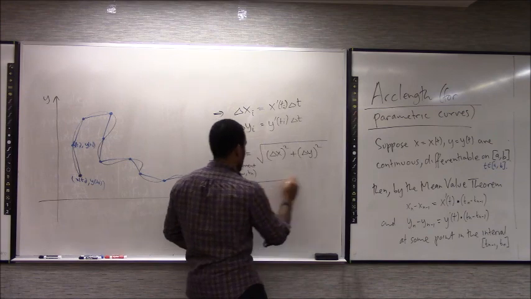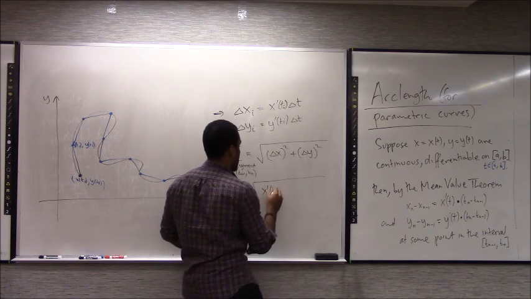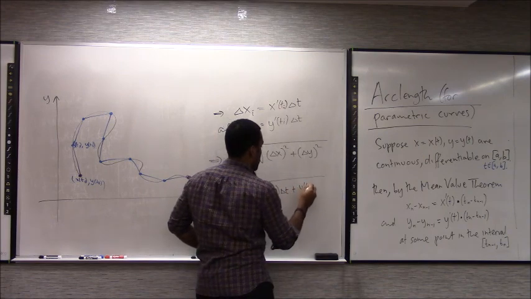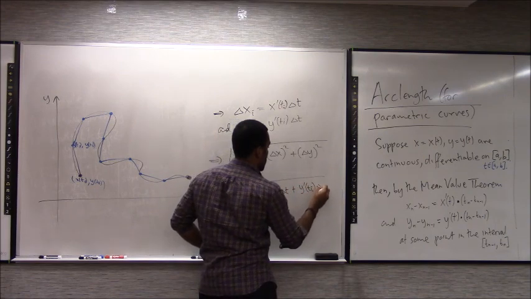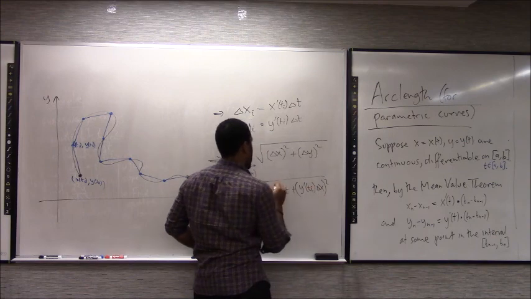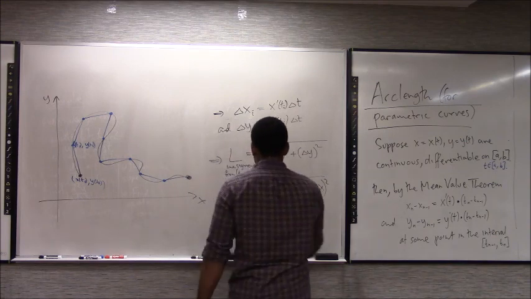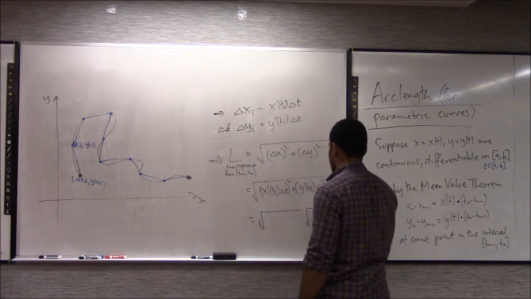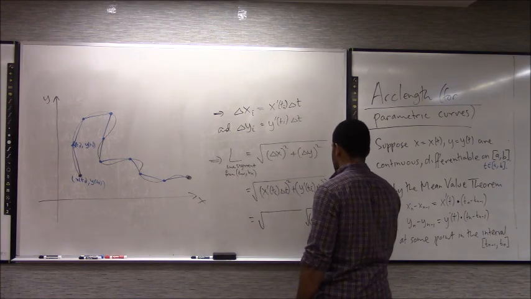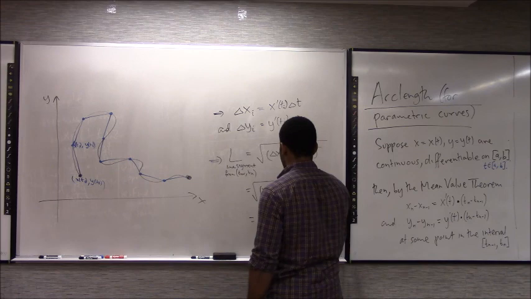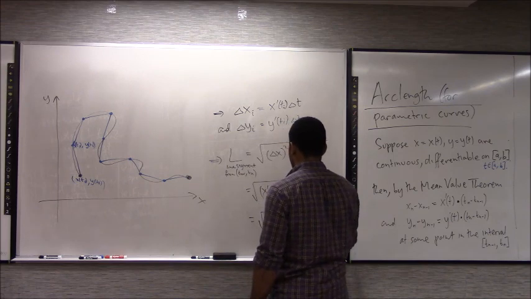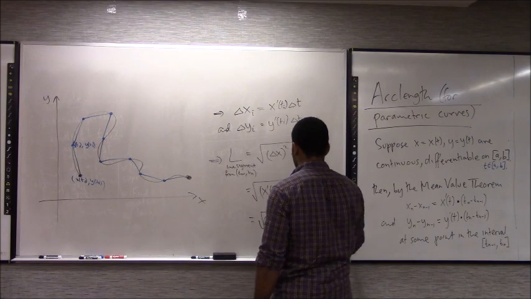This is going to be the square root of x prime of t at some specific point and y prime of t at some specific point, each of those squared. The delta t, I can factor outside the radical, and inside I'd be left with x prime of t at that point squared plus y prime of t at that point squared.